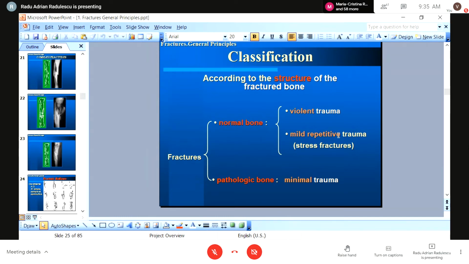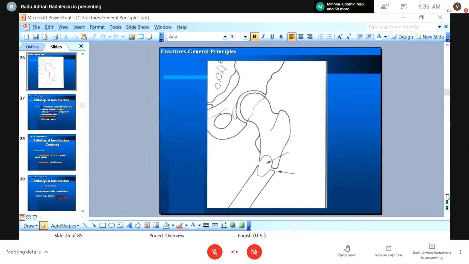And finally, I've told you about the pathologic bone fractures, meaning that the resistance of the bone is not normal. So due to different reasons, the bone becomes soft, and so even minimal trauma may lead to a fracture. For example, we have this drawing here, and we can see that in the middle of the bone, it's a femur here, yeah?